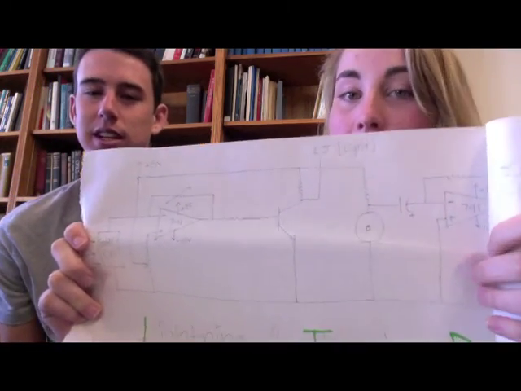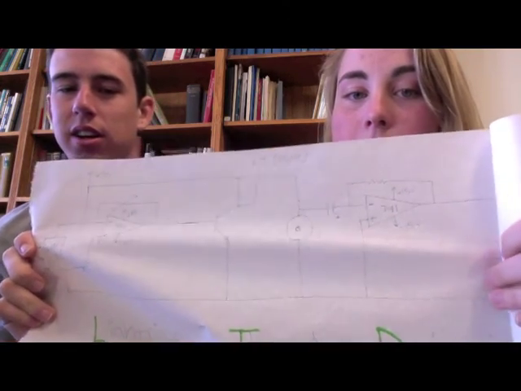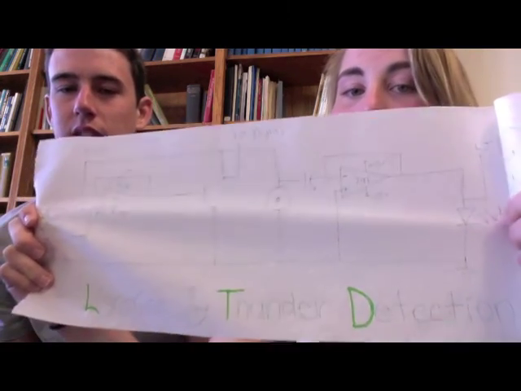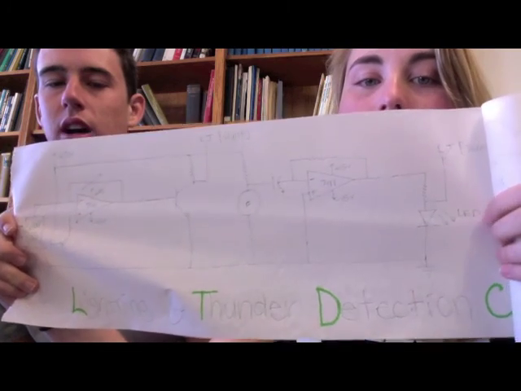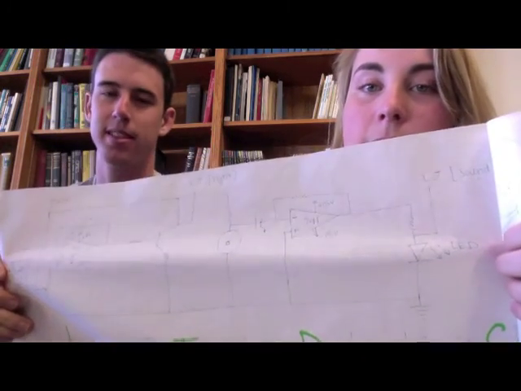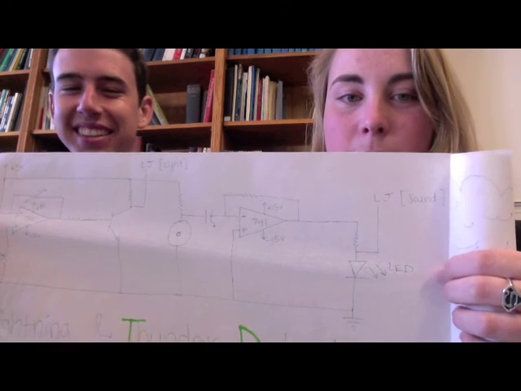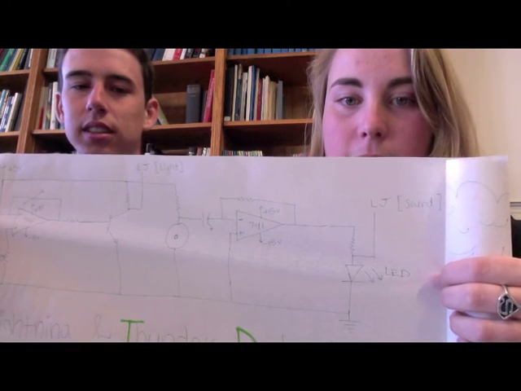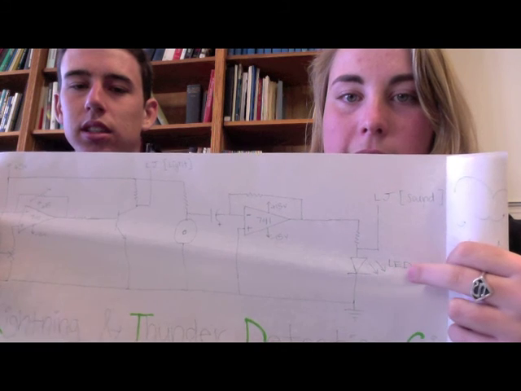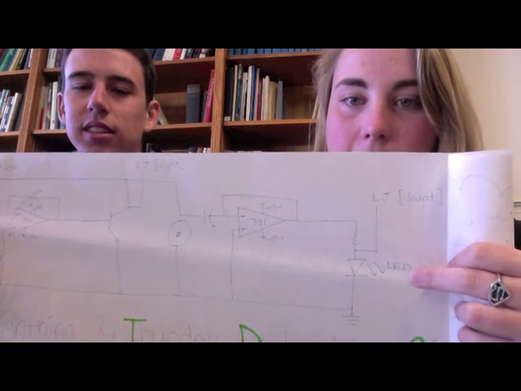And then what we added to our new circuit is the sound detecting element. That big donut is actually a microphone. And then we just use an op amp to amplify the signal. And then we have our LED light that flashes when it detects sound.